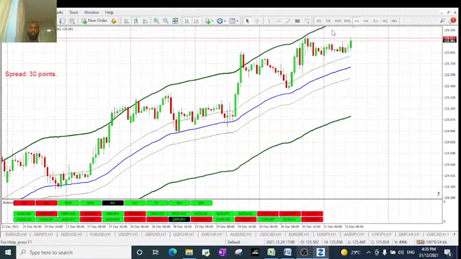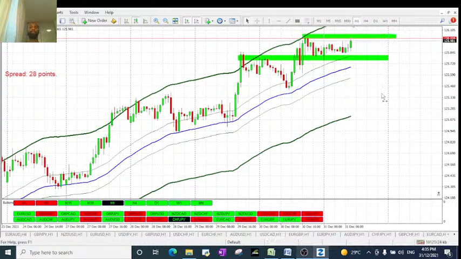Swiss franc yen. Man, all the yen pairs are in a strong uptrend.